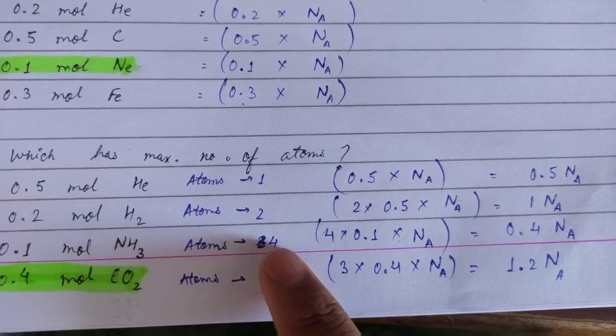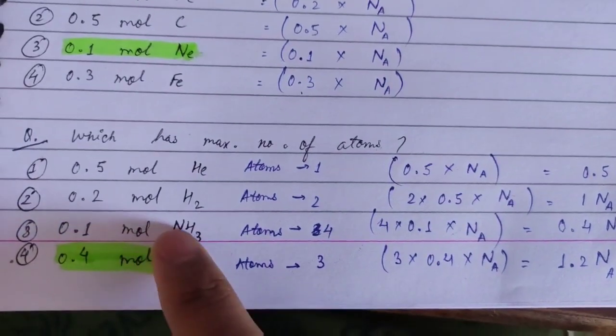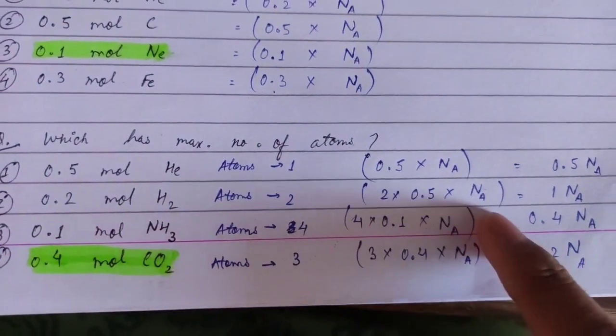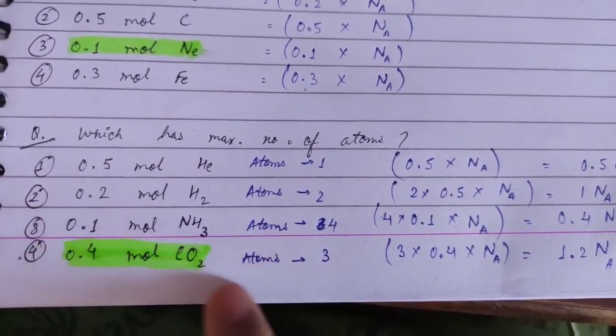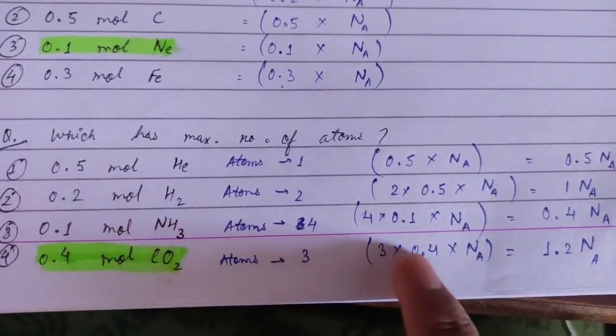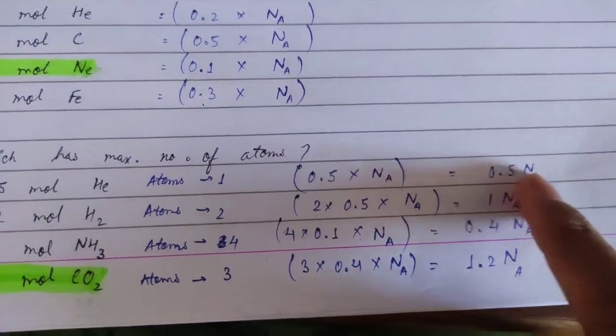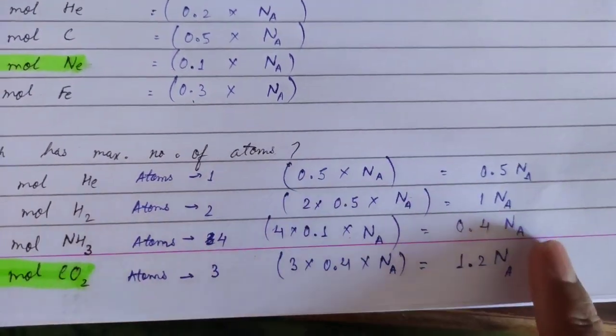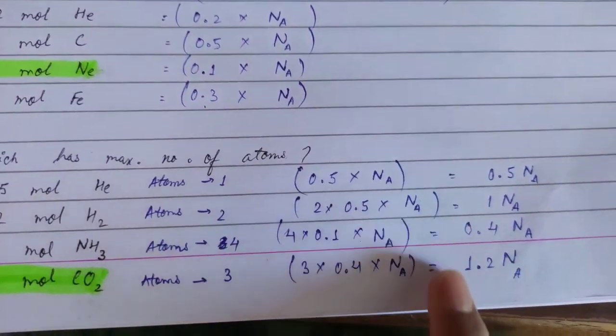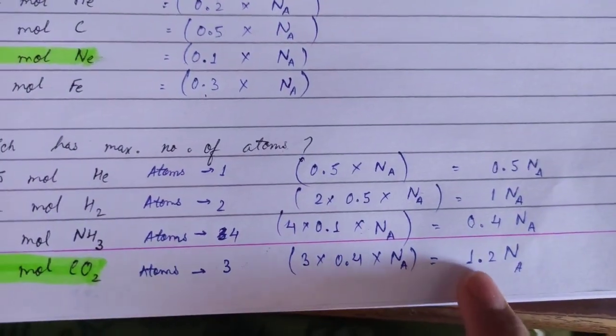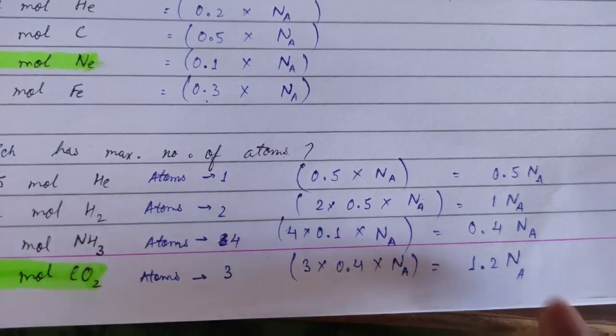Now there are 4 atoms and 0.1 mole, so 4 into 0.1 into Na. Now 3 atoms and 0.4 mole, so 3 into 0.4 into Na. So 1.2, 0.4, 1 and 0.5, and Na is common in all these four. So which one is the highest? It is 1.2. So it is 1.2 Na.